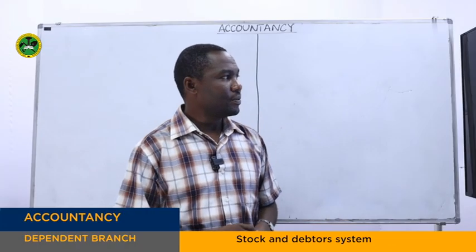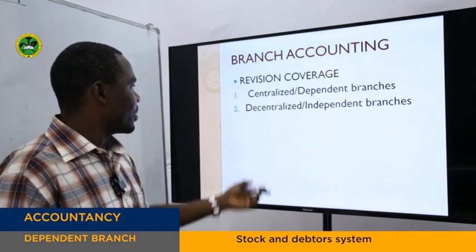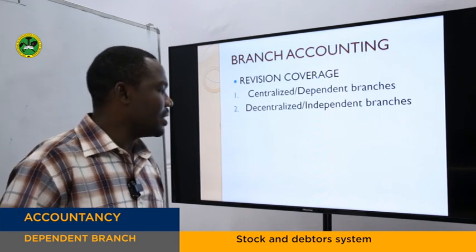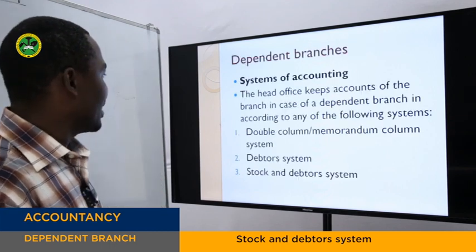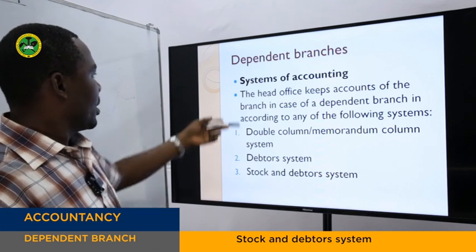So today we will have another lesson, in centralized or dependent branch, but basically stock and debtors system.